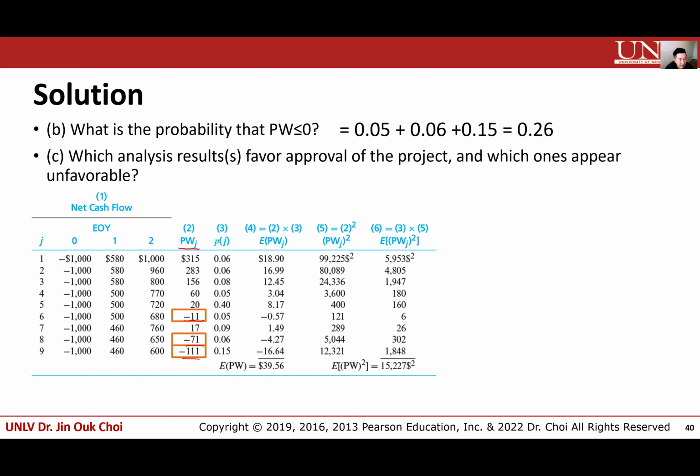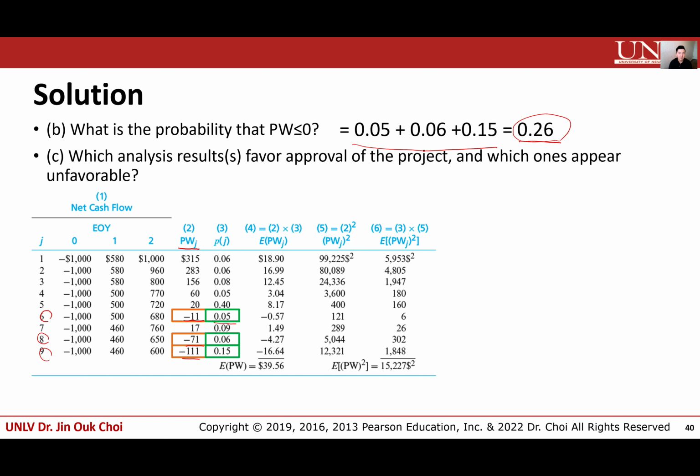The associated probabilities for case 6, case 8, and case 9 are 0.05, 0.06, and 0.15. When we add them, we get 0.26, which means there is a 26% chance that we will get negative present worth, which is, considering the situation, a pretty risky project.